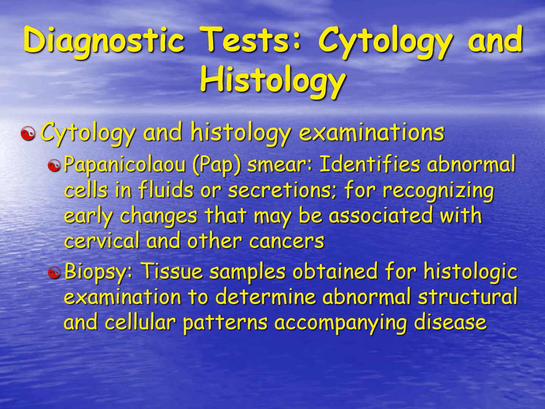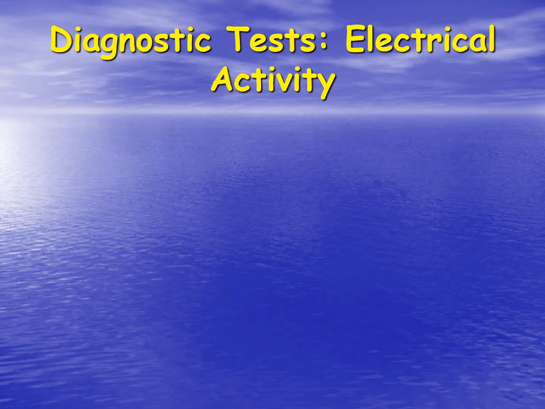Biopsies, we can actually take tissue samples obtained for histologic examination to determine abnormal structure and cellular patterns that accompany particular diseases, such as in the liver, the kidney, the bone marrow, even the skin. A lot of times I will take biopsies of skin lesions simply to find out what is going on in the skin.